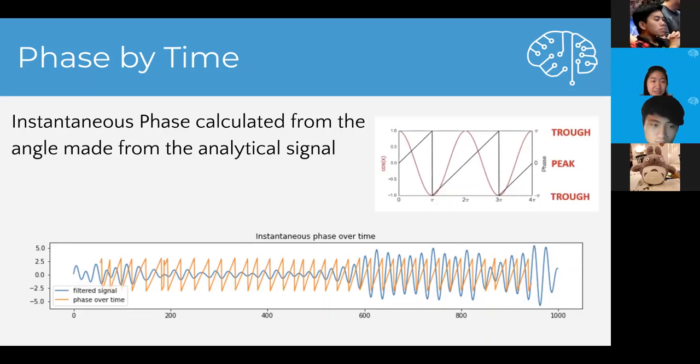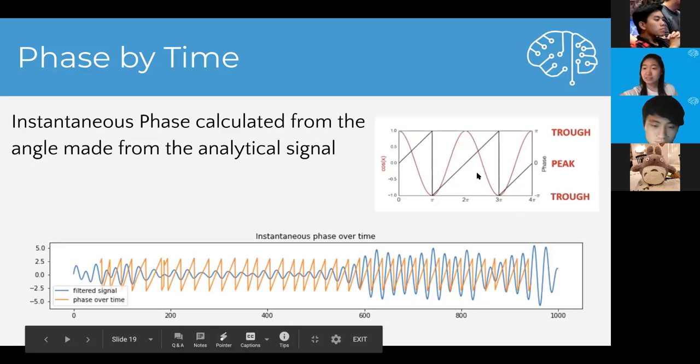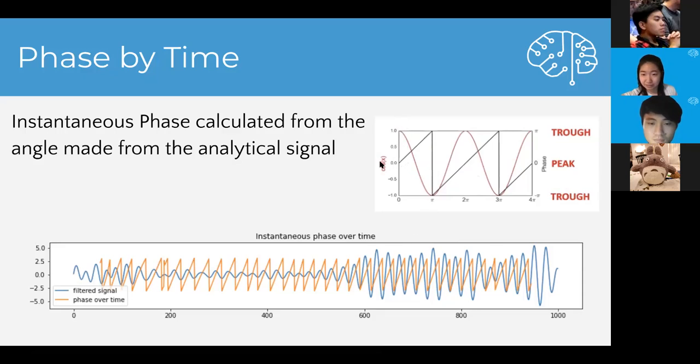This is calculated similar to the amp by time, but instead of taking the amplitude, you take the phase. And here on the right, you can see a visual of what phase means. If you have a cosine wave, then when cosine is at 1, you get a phase of 0, because at the 0 degree line, if you think about the unit circle, cosine is equal to 1.